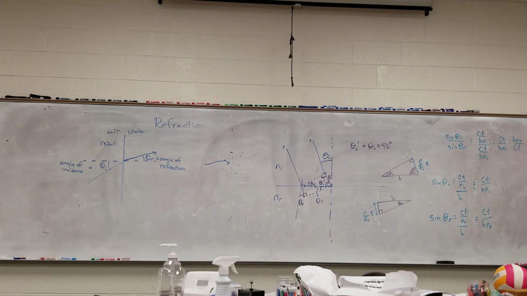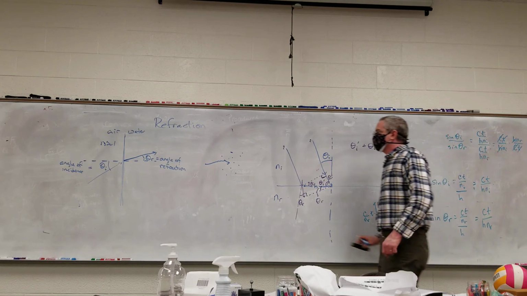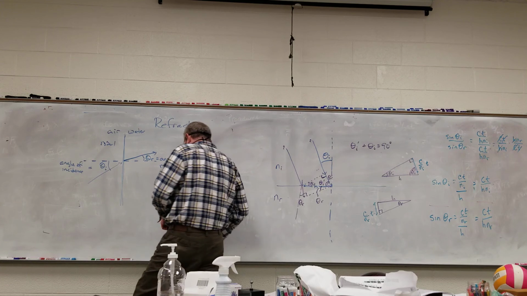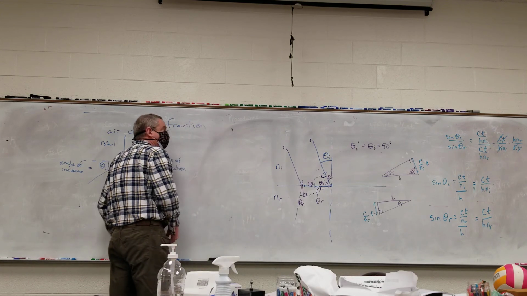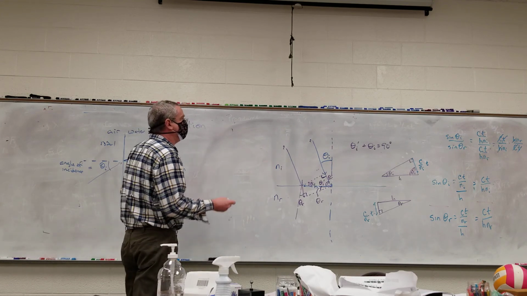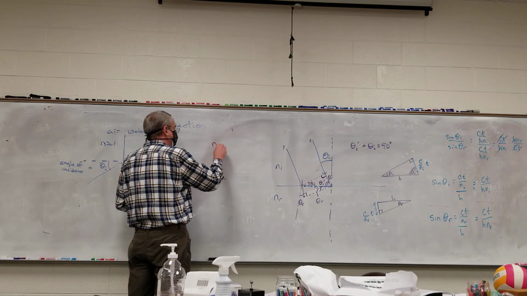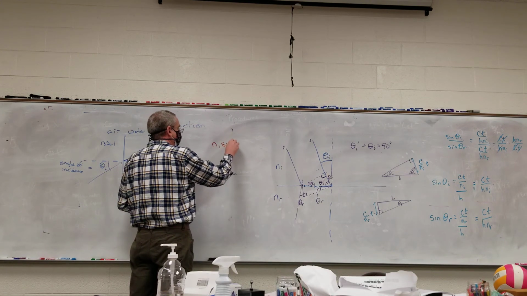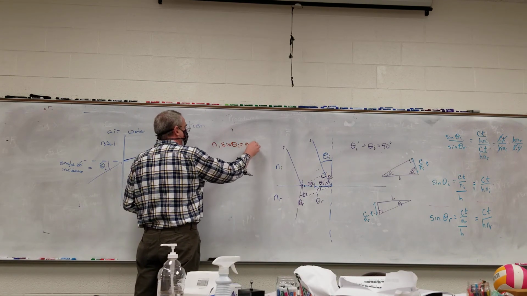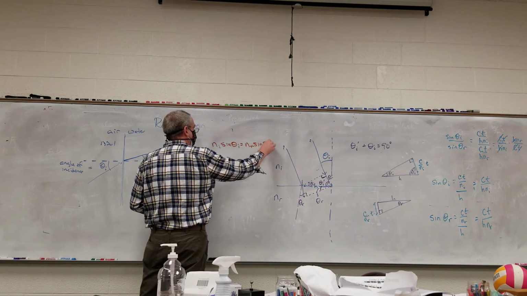So we're now here. H cancels out, c cancels out, t cancels out, and what I'm left with is n sub r over n sub I. Cross multiply, I get n sub I times the sine of theta I equals n sub r times the sine of theta r.